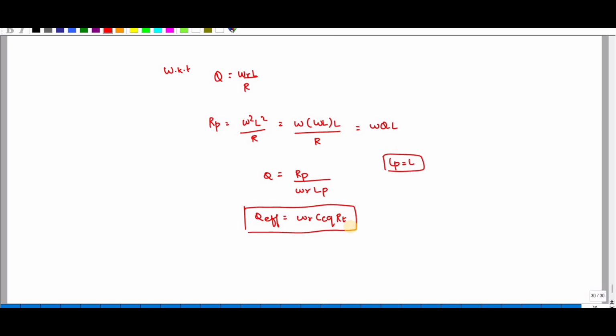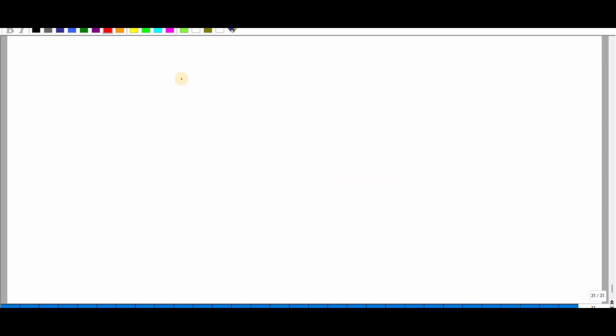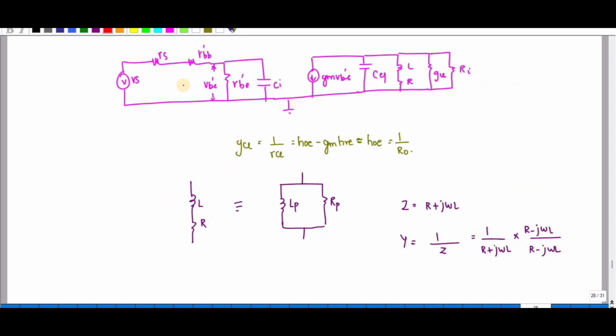So now what I am going to do is at the output side. Now you can see at the input side, I can apply the voltage divider rule.